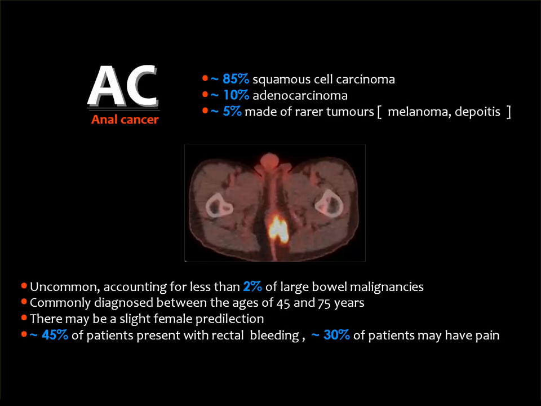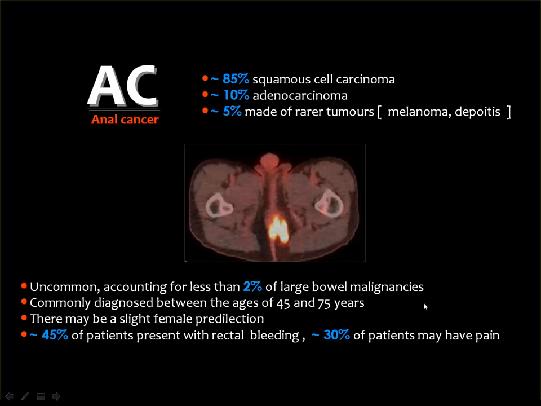Then we came to one of the important issues, which is anal cancer. Anal cancer is mostly of the squamous cell type, and some of the lesions may be of the adenocarcinoma type, and 5% are other rare tumors like melanoma, metastasis, guest tumor, and so on.